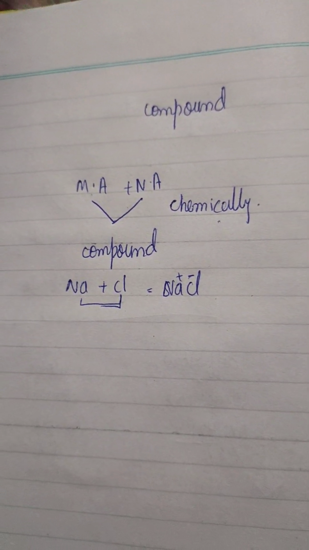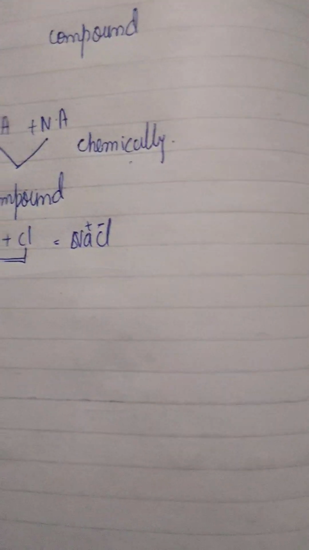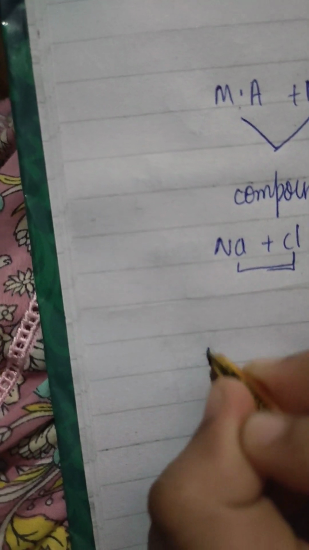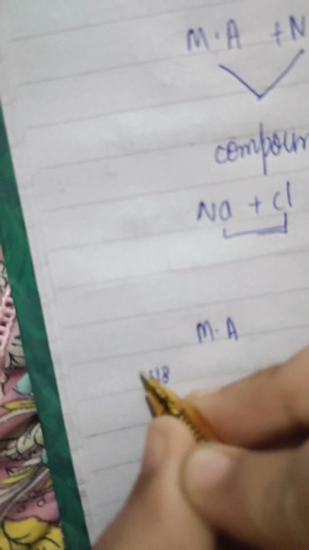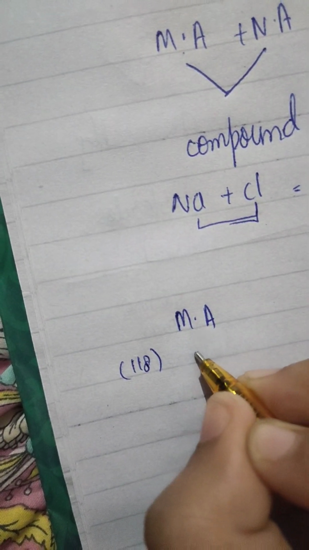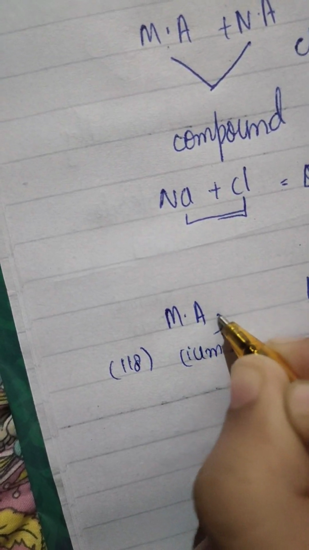Now let's see how you can recognize which is a metal atom and which is a non-metal atom. We have a total of 118 elements in the periodic table, and if an element has -ium at the end, it is considered a metal element.